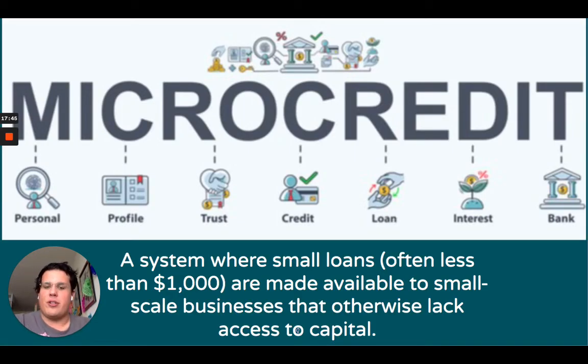These economic circumstances take us back to the fundamental question of where development efforts should be focused, and can be clearly seen in the debate over one popular development tool, known as microcredit or microfinance. Though these terms are often used interchangeably, there is a difference. Microcredit refers to a system where small loans, often less than $1,000, are made available to small-scale businesses that otherwise lack access to capital.